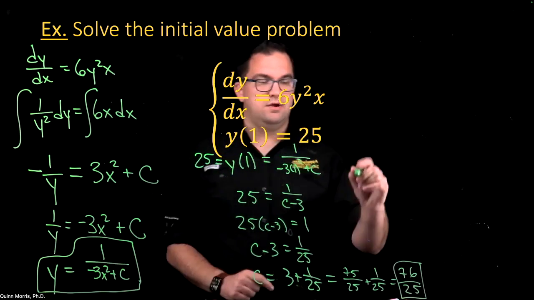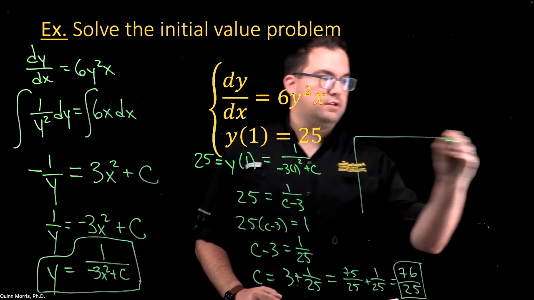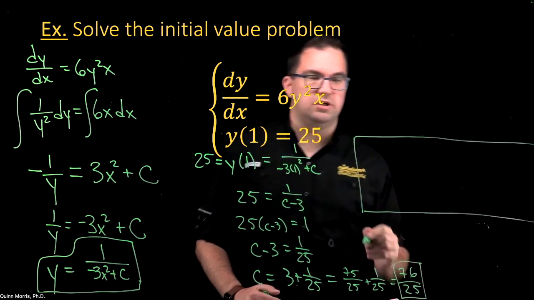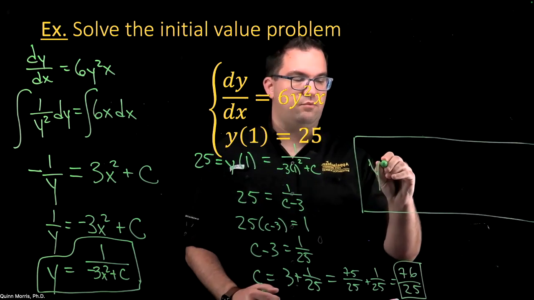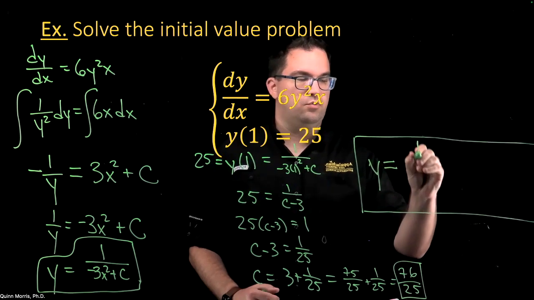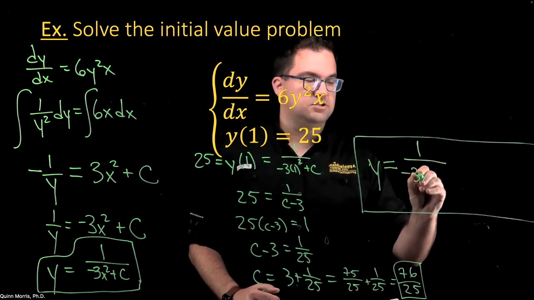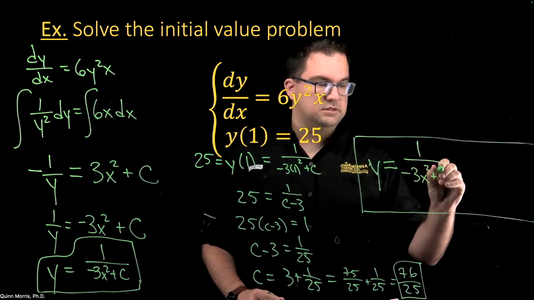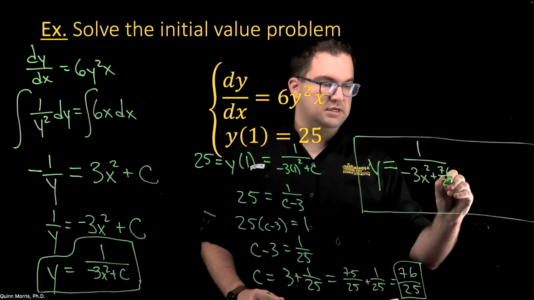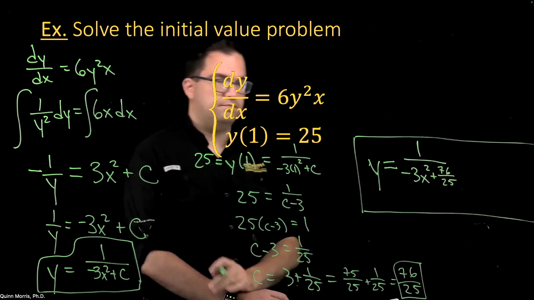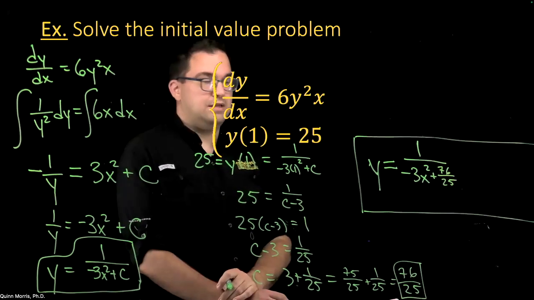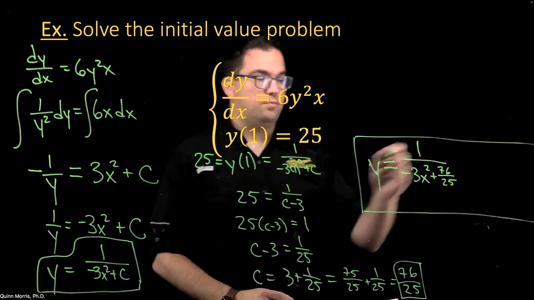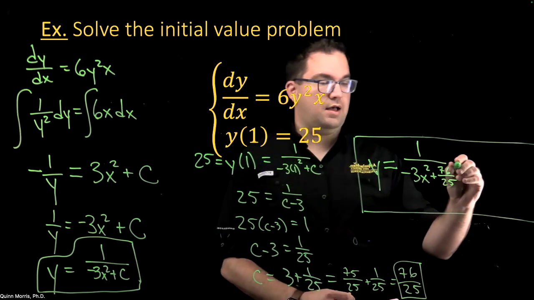And so now if I want to come up with my final solution here, I have y is equal to 1 over minus 3x squared plus 76 over 25. If you want to clean that up a little bit, you could multiply the top and bottom by 25.